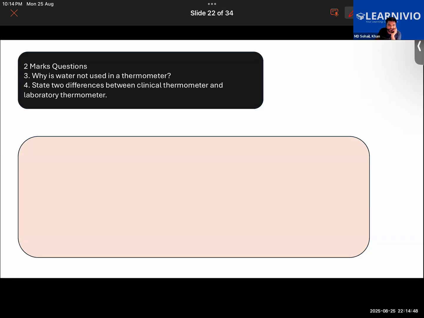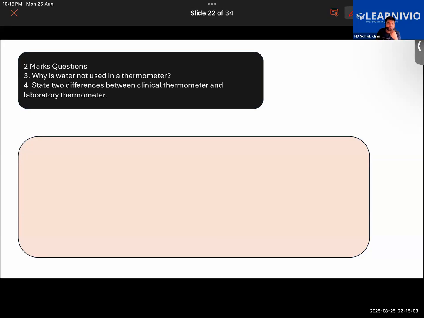The reason why water is not used in a thermometer is because it doesn't thermally expand a lot, unlike metals, which expand by an amount we can measure.